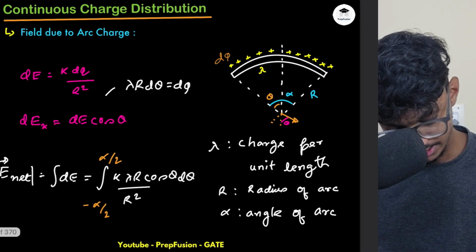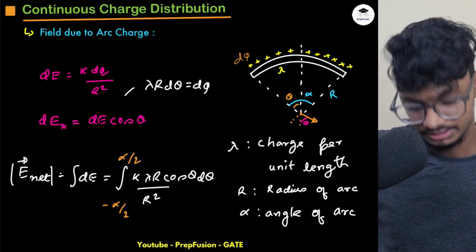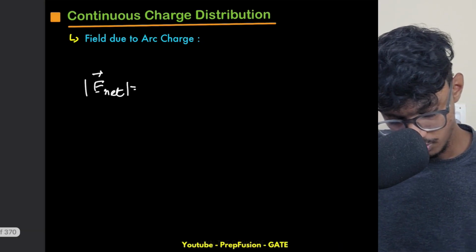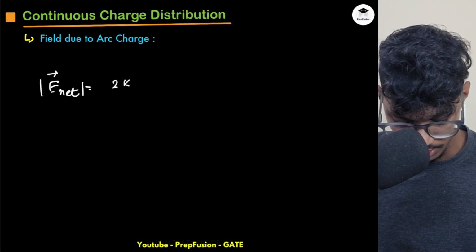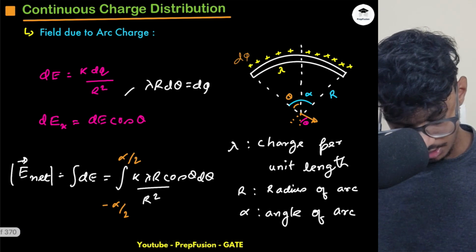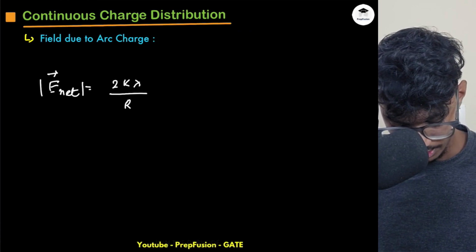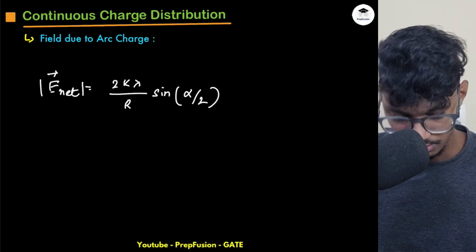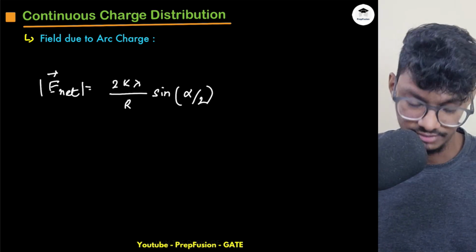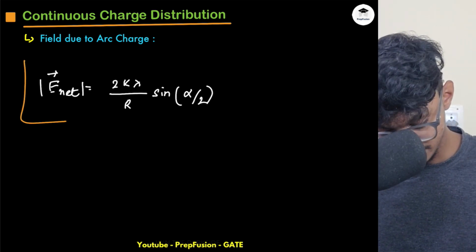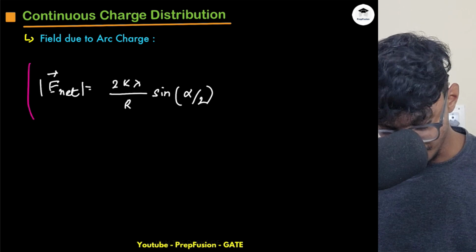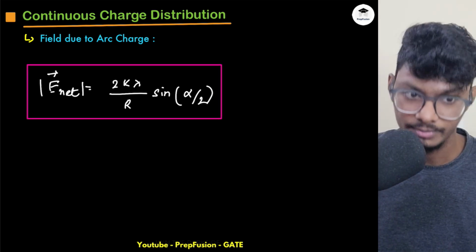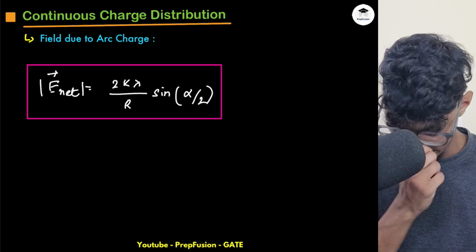The integral of cos theta will be sine theta, and minus minus will become plus, so this will be 2k lambda, r will get cancelled, 2k lambda by r sine alpha by 2. So this is actually a pretty important expression. It's good to remember. You can obviously derive it, it will take you seconds, but it's good to remember.